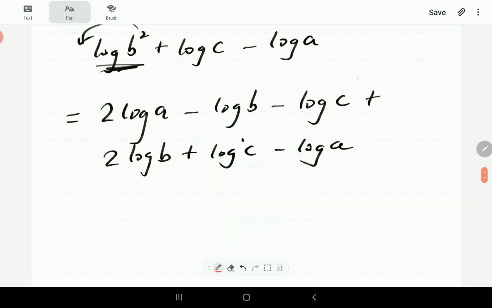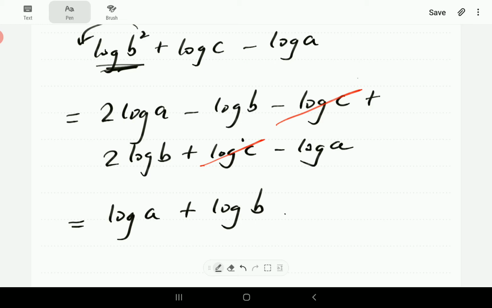Then here you're going to notice that some terms will cancel out. Minus log C plus log C. Then 2 log A minus log A just gives us log A. And minus log B plus 2 log B just gives us log B. So that's what that expression simplifies to.